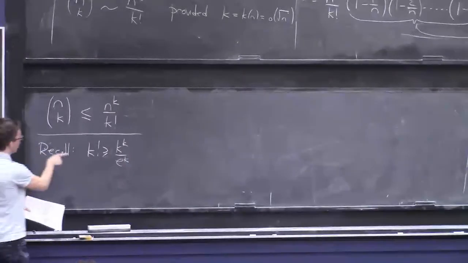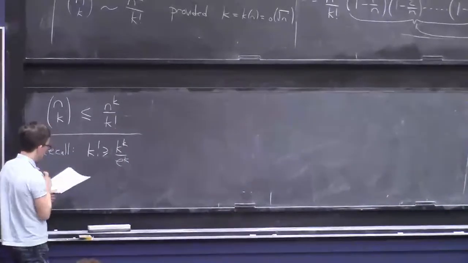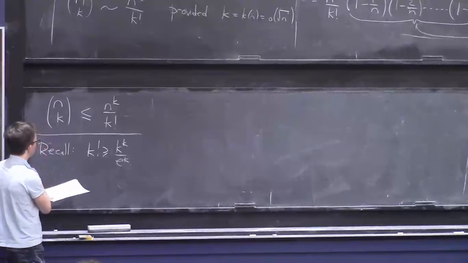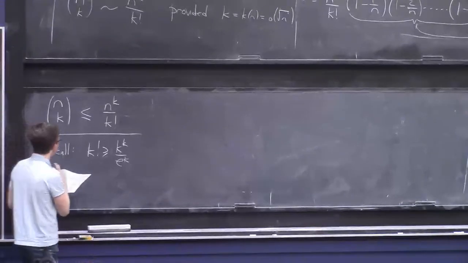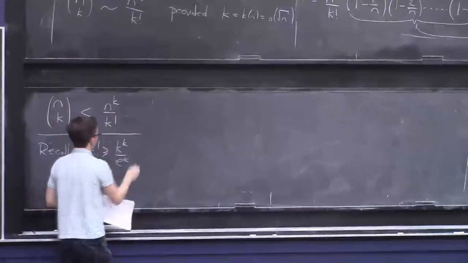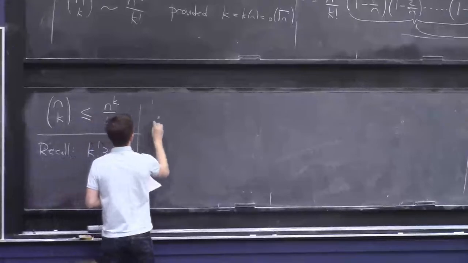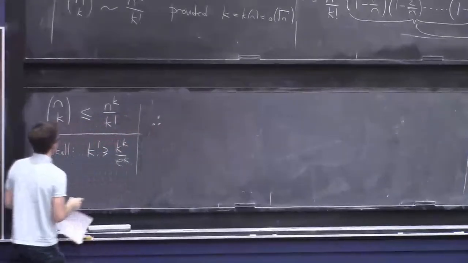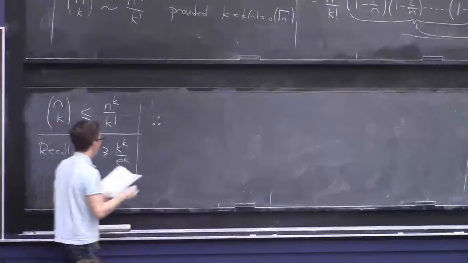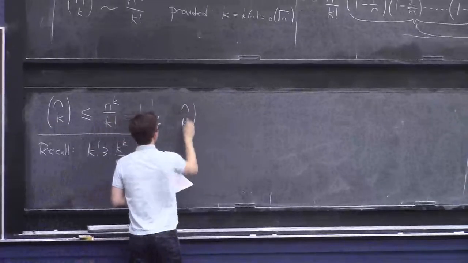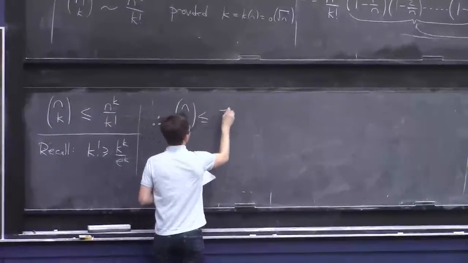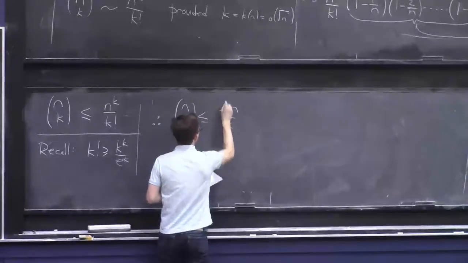OK, so if you just plug this into this, you get that n choose k is at most en over k to the k.